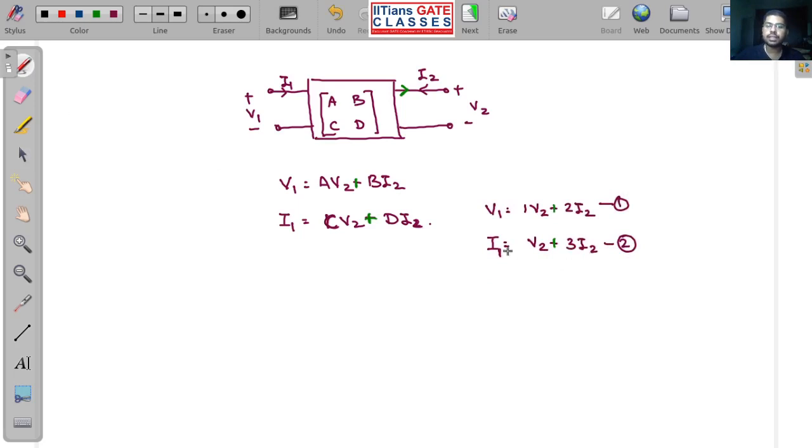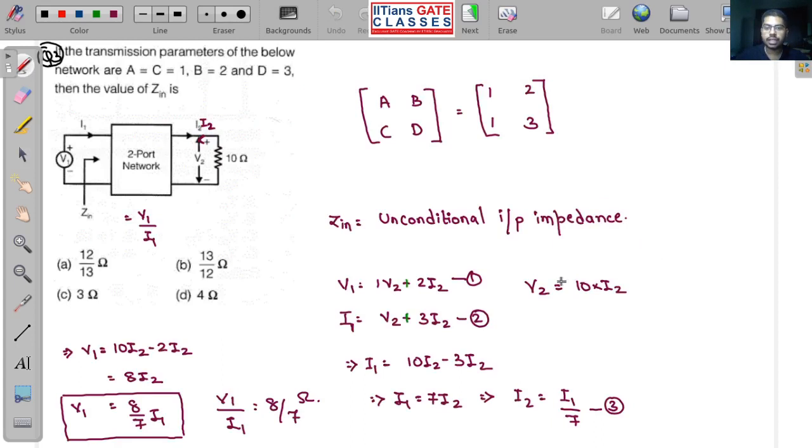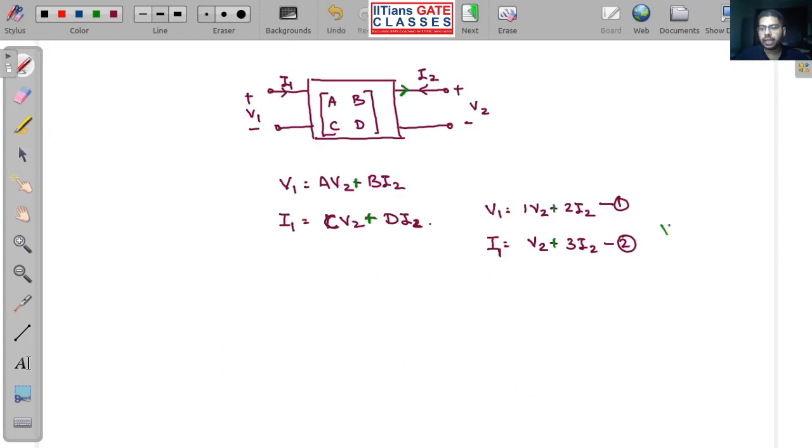Here you can see I1 is equal to, and the other equation was V2 is equal to 10 I2. Now let me substitute it here. So I1 is equal to V2, I am substituting in equation number 2, so that is 13 I2, or I2 is equal to I1 by 13.